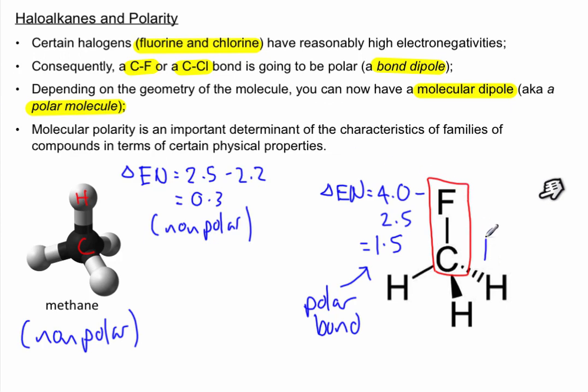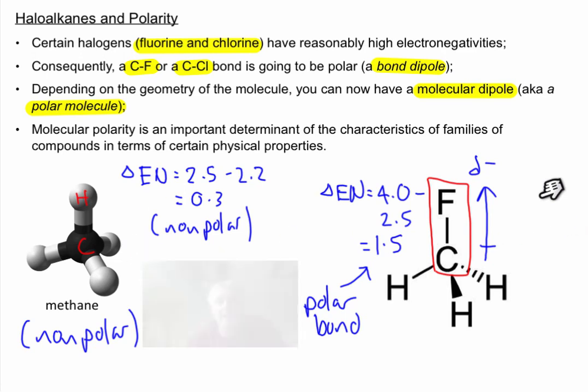And so we can show this molecular dipole this way. This is the delta negative component. Down at this end is all delta positive. So that's a polar molecule. One would predict, based on the polarity of the molecule, that the physical properties are going to be based on this polarity, and they're going to be different than the physical properties of methane.